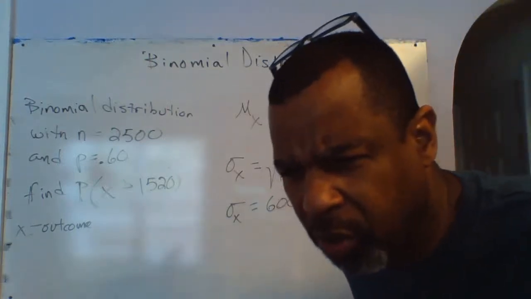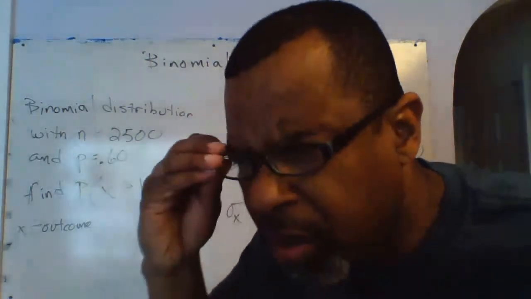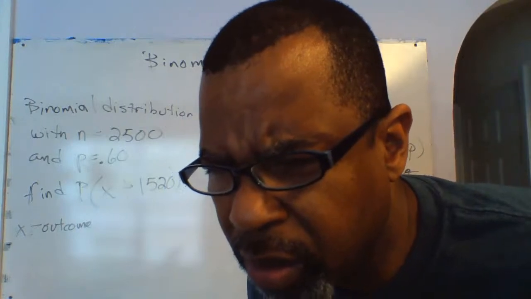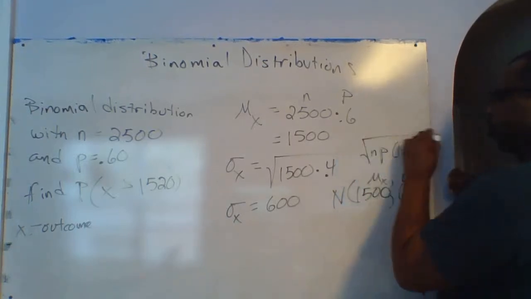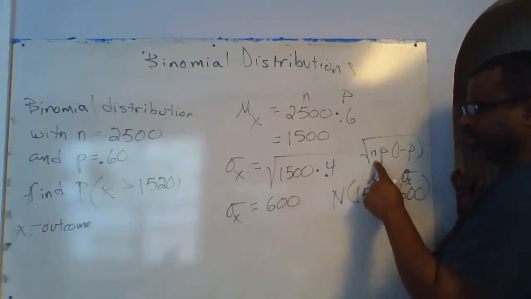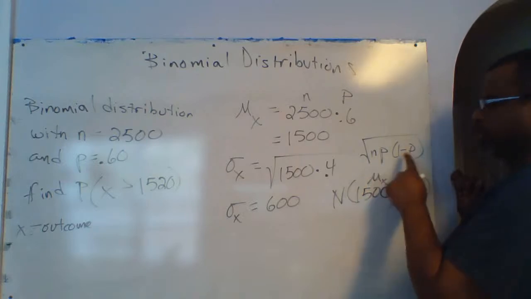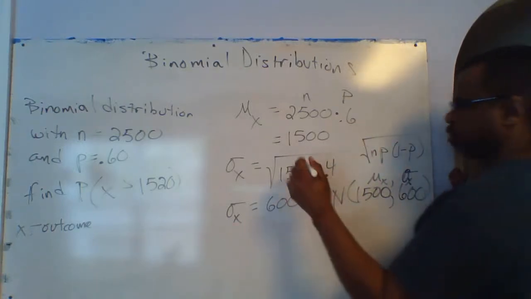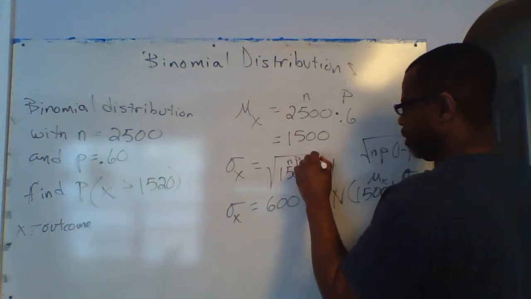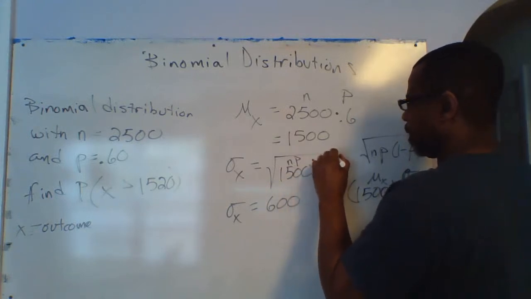No, remember, we have to do the square root of n times p times 1 minus p. Remember, p is equal to 0.6. So this is n times p, and this is 1 minus p.